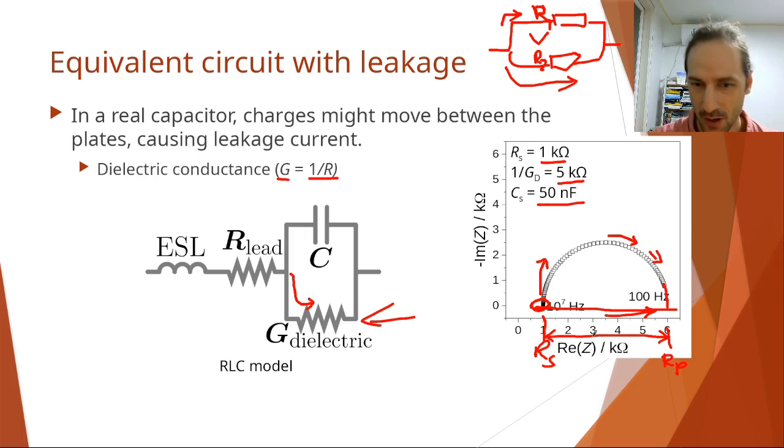This parallel resistance will be the diameter of this semicircle, and the starting point of this semicircle at high frequencies will be the RS, the series resistor, or the lead resistance.